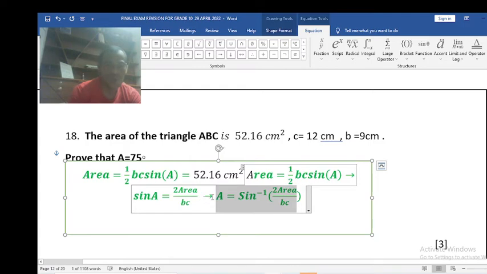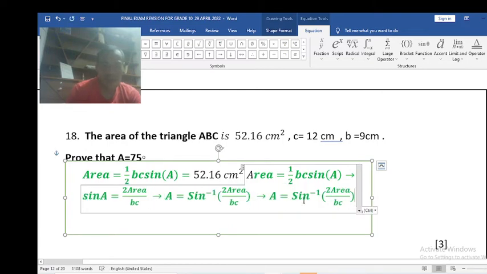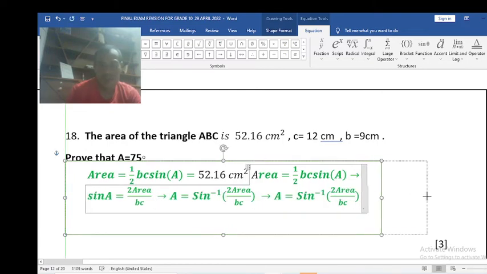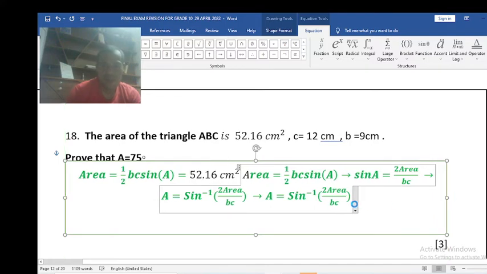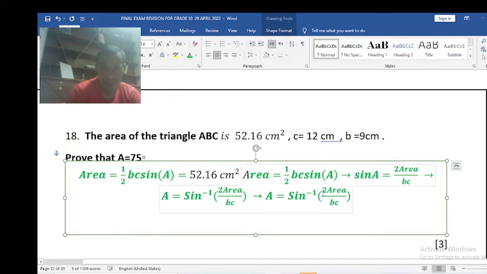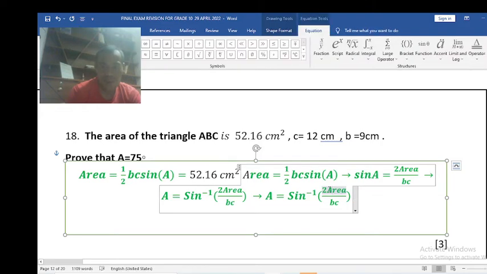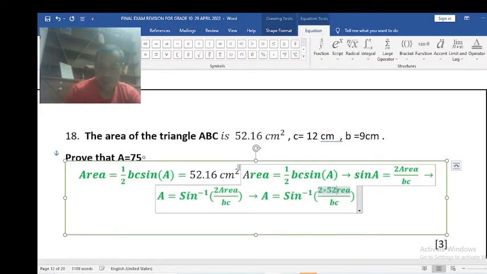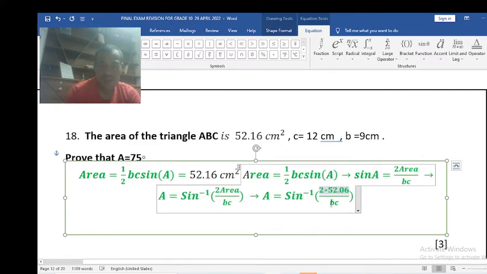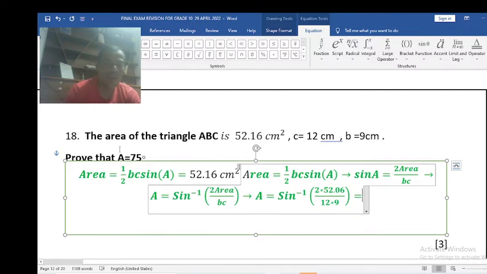Therefore, A equals sine minus 1 of 2 times the area, which is 52.16, divided by 12 times 9, and the angle is approximately equal to 75 degrees.